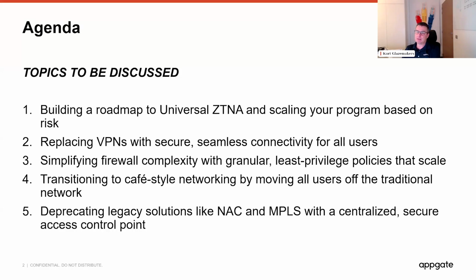And of course, when that whole transition has taken place, you will see that a lot of traditional network aspects to secure our enterprise network will start to become obsolete, or at least a lot less relevant, and you can actually do a lot of savings there as well. And we'll talk a little bit about that topic as well.